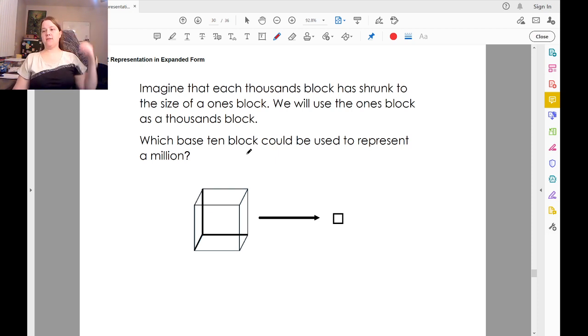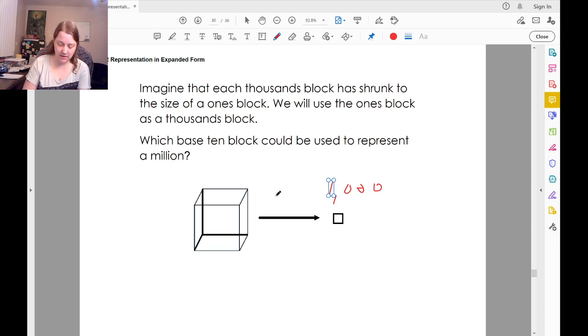Imagine that each thousands block has shrunk. Now they're going to start using bigger numbers and more complicated things. Which base 10 block could be used to represent a million? So if now we're going to use this as a thousands block, first of all, what would you use for 10,000s? Well, 10,000s, that would be 10 of those.